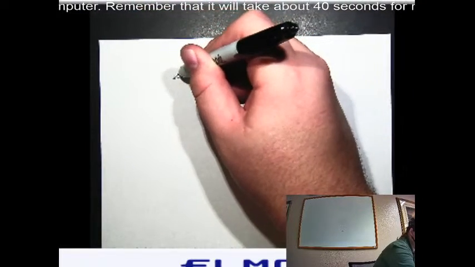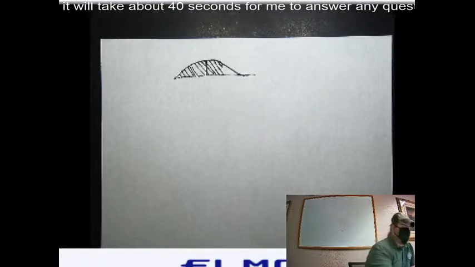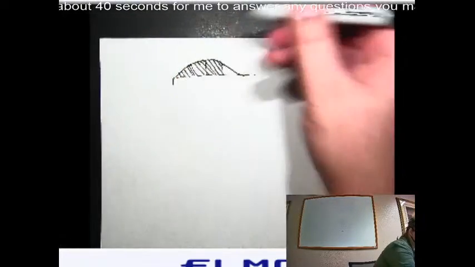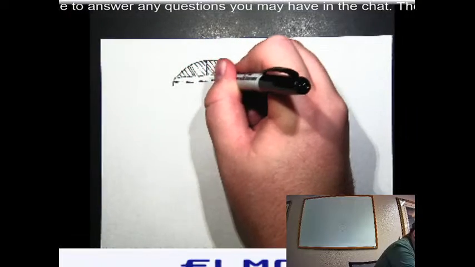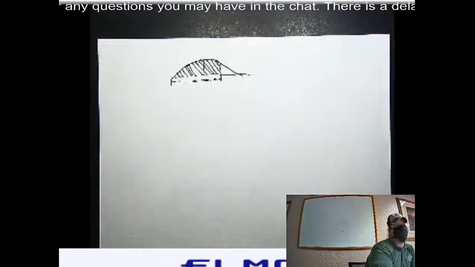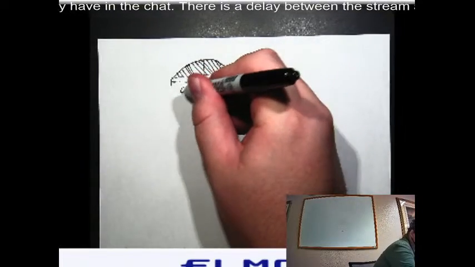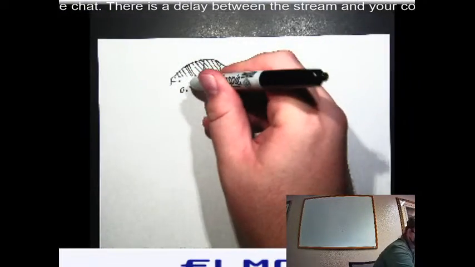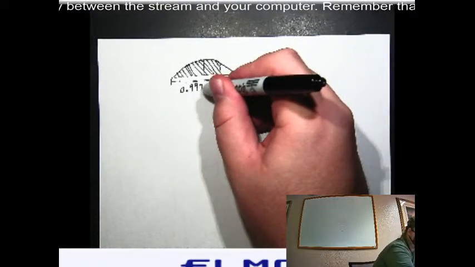So this shaded region right here that I've just shown us is what we know. And let's say that it has a probability of 0.99224.